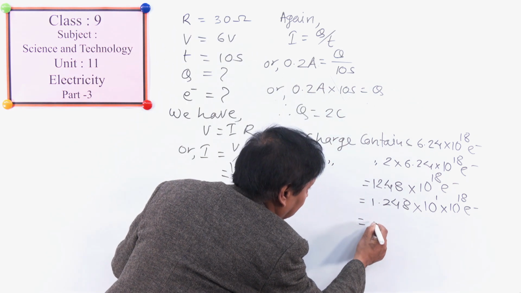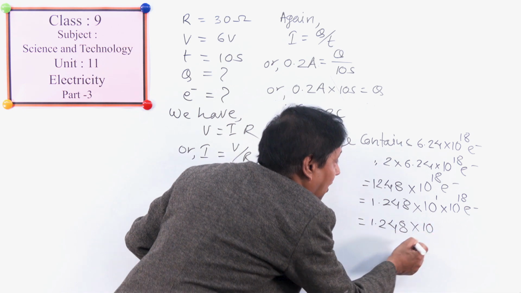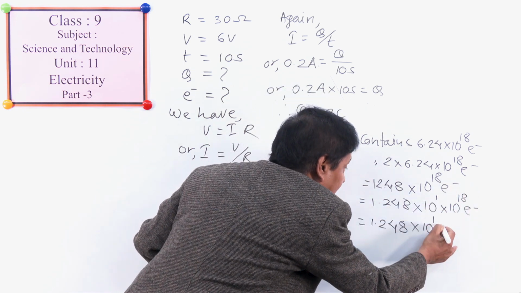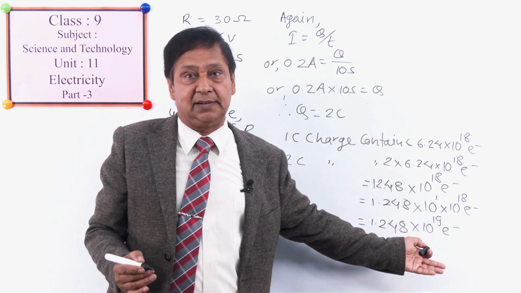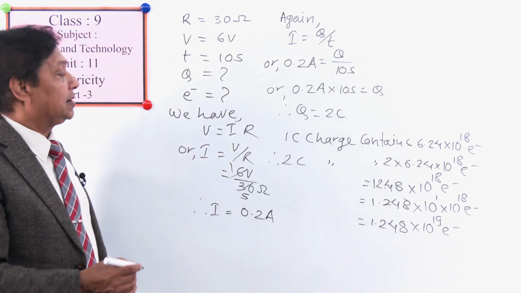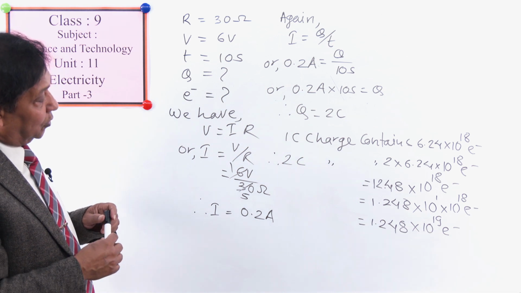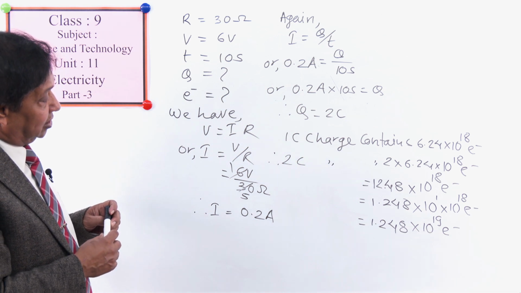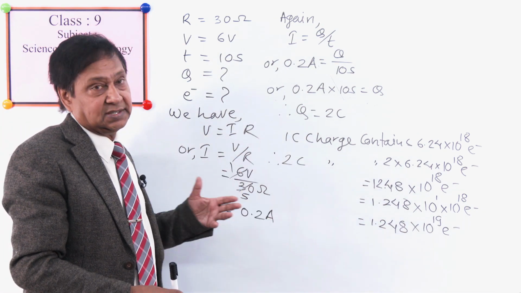Now this is equal to 1.248 into 10 to the power 1 plus 18, which becomes 19 electrons. And this is the final result. What amount of electrons flows in 10 seconds? 1.248 into 10 to the power 19 electrons flow within 10 seconds.